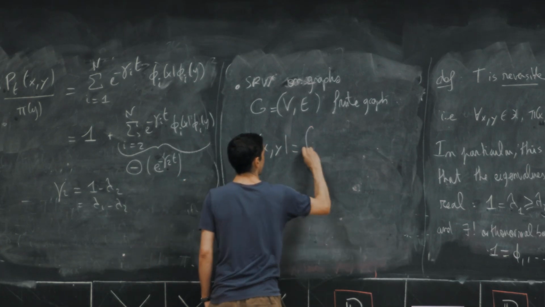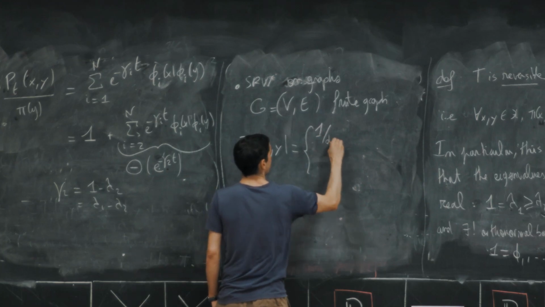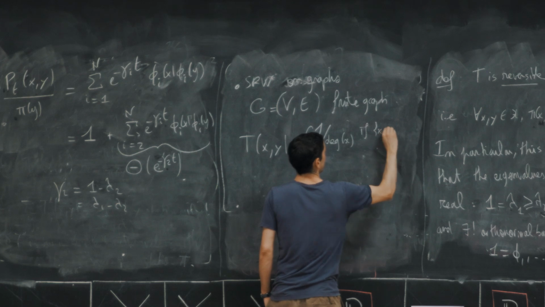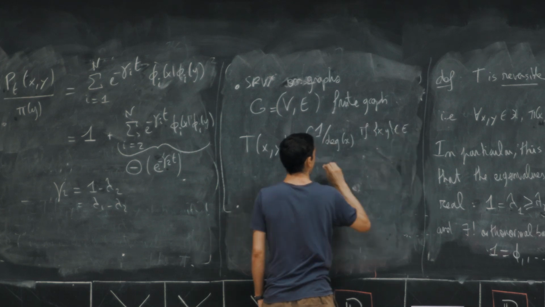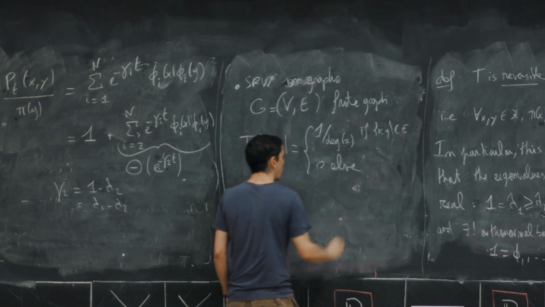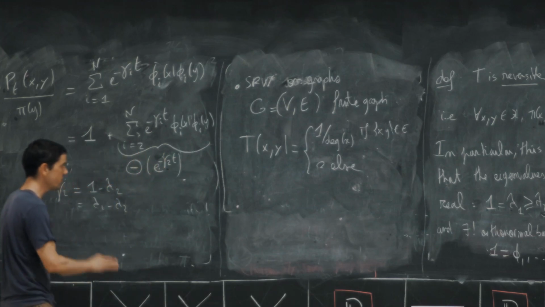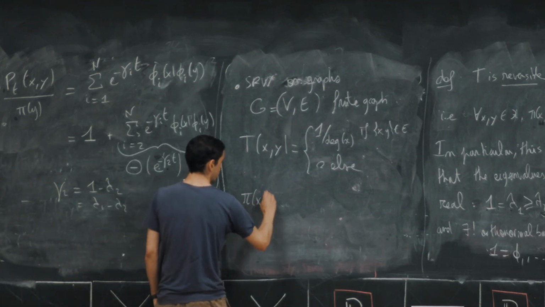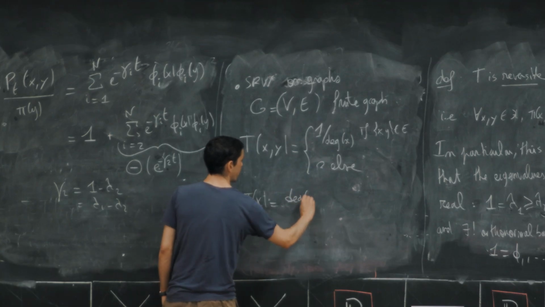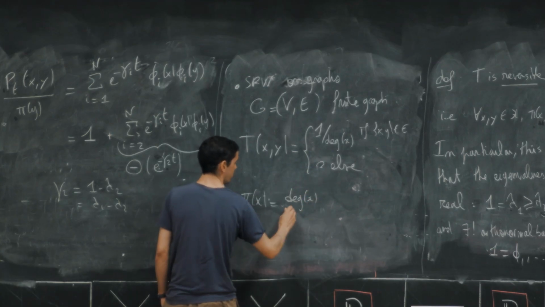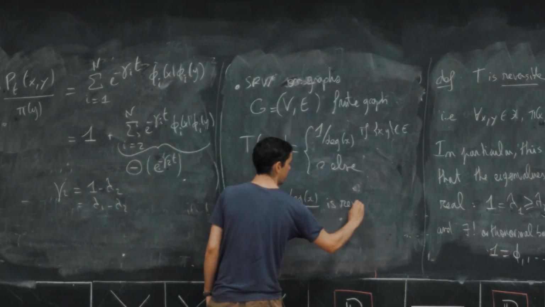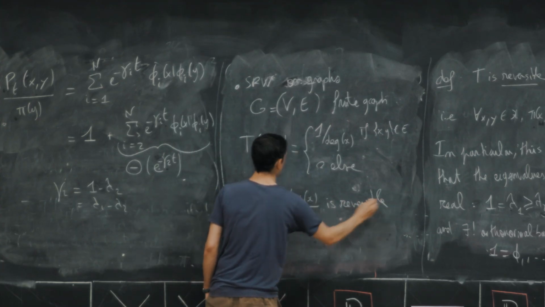T(x,y) is 1 over the degree if x and y are neighbors, and 0 else. Right? That's one of the most important classes of Markov chain, and this is always reversible. Right? You can check that pi of x is proportional to the degree. It's clear that it satisfies the reversibility.